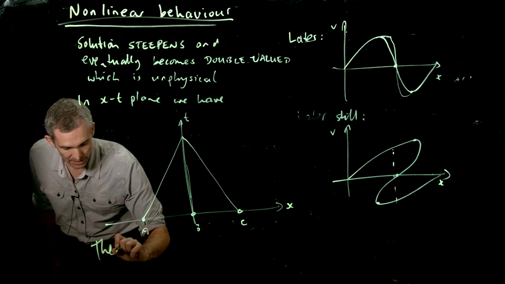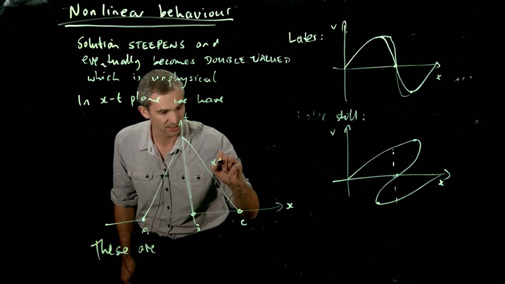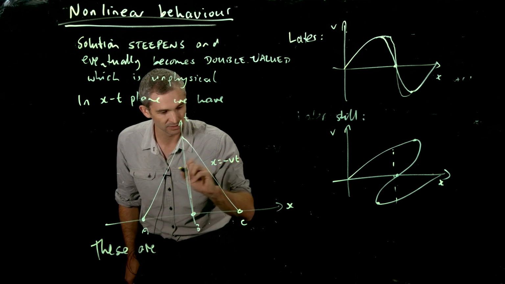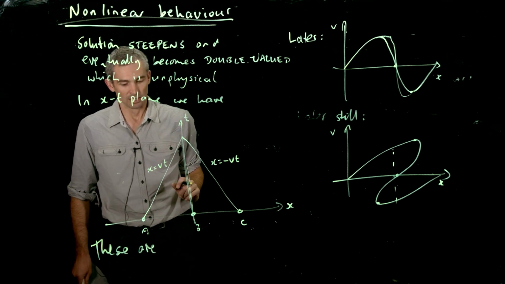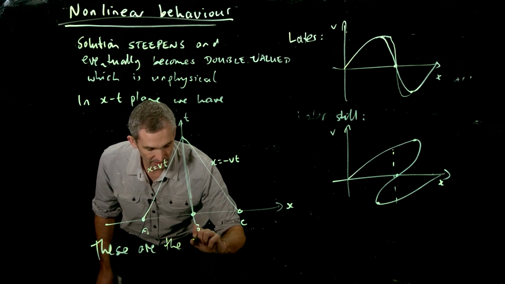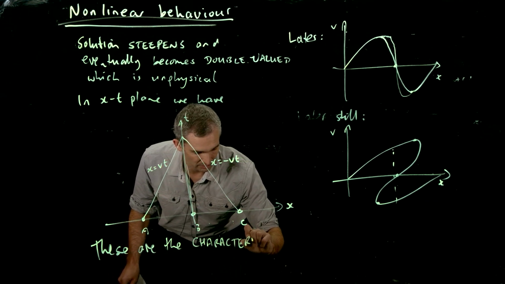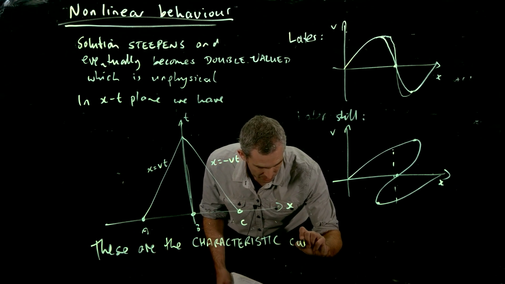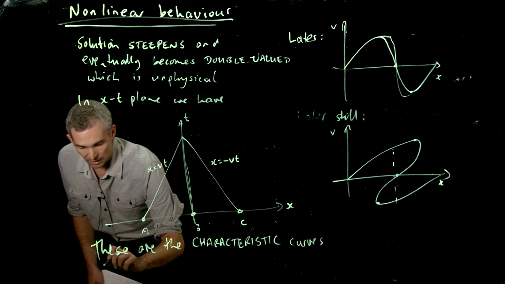So this is a line x equals minus vt. This is x equals vt. And these are the characteristics, characteristic curves for Burgers' equation.